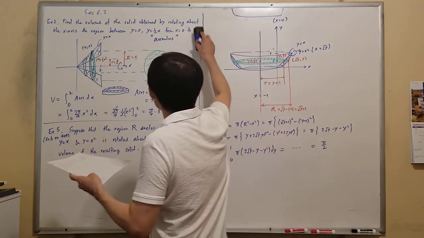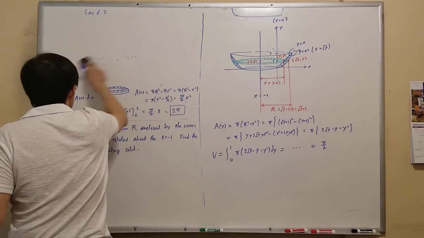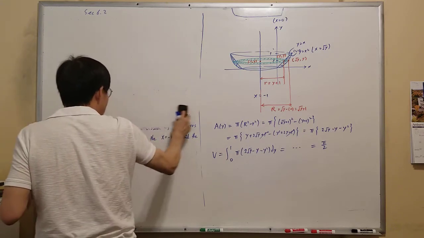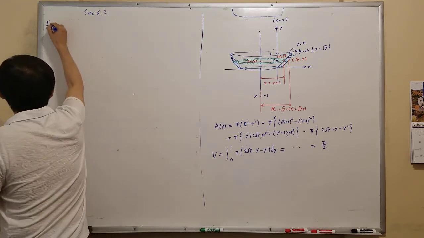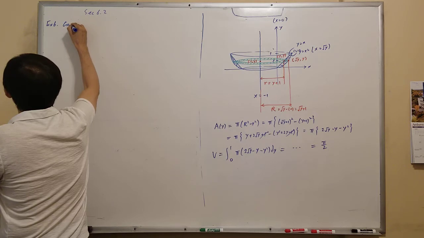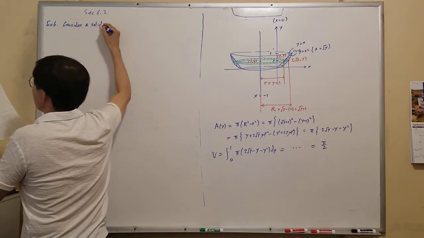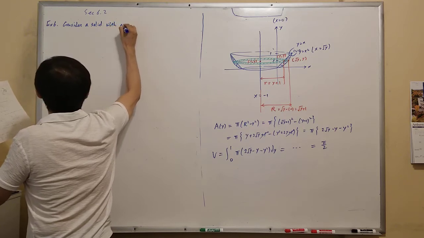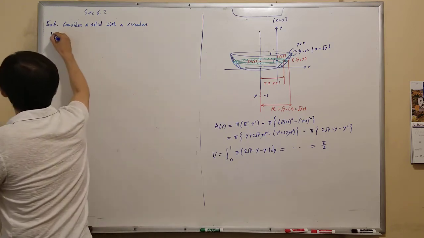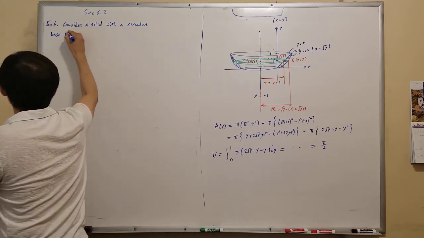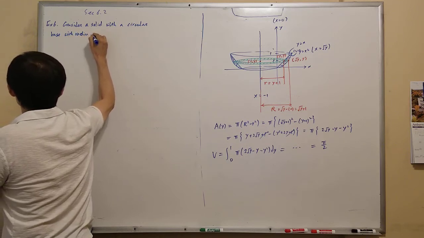Example 6. Consider a solid with a circular base with radius r.